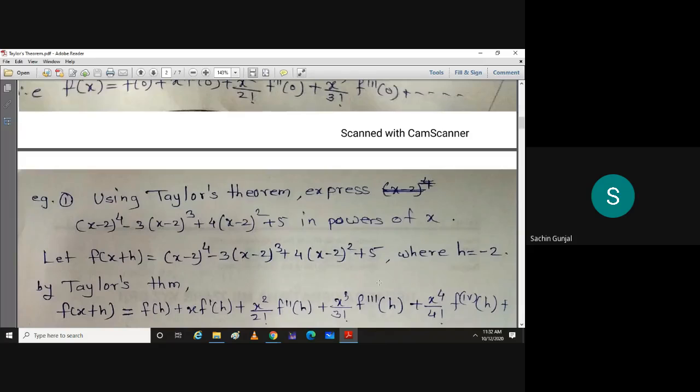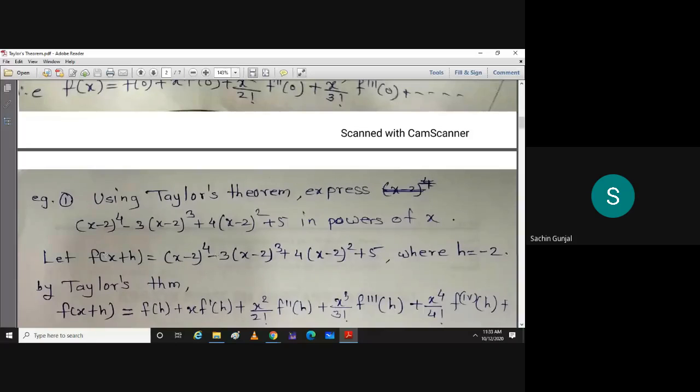So tell me, what is f of x in this case? Shouldn't it be x raised to 4 minus 3x cube plus 4x square plus 5?